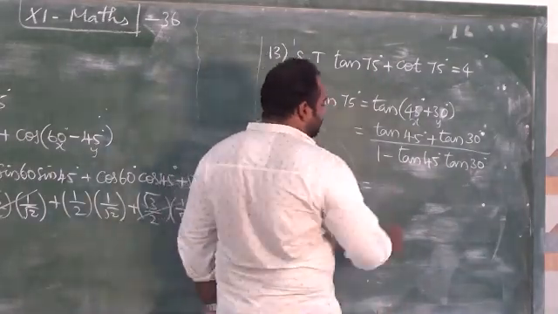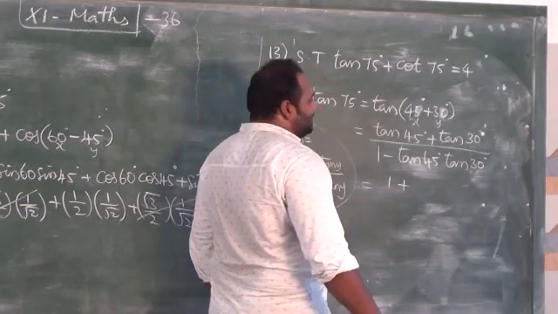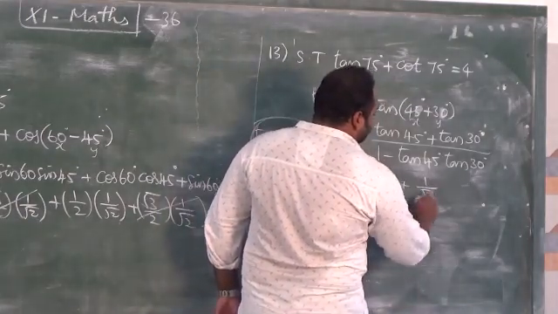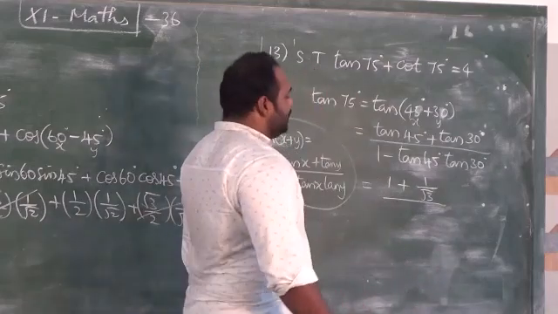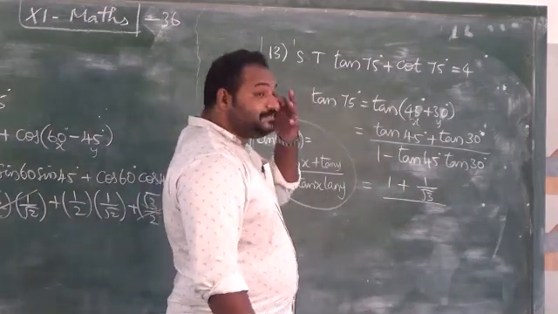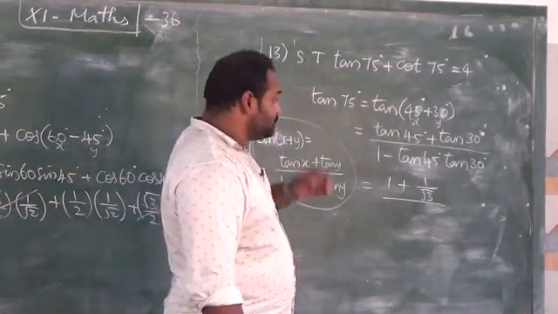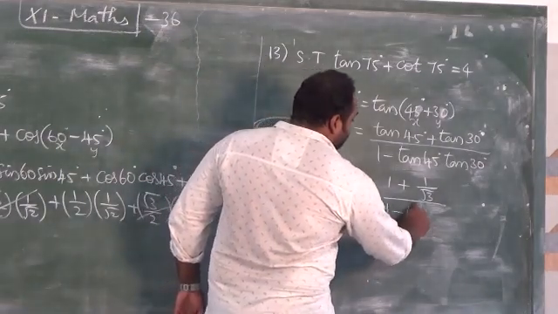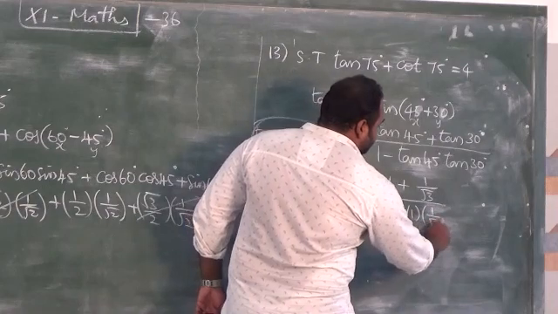Tan 45 degree is 1 plus tan 30 is 1 by root 3, divided by 1 minus 1 into 1 by root 3.